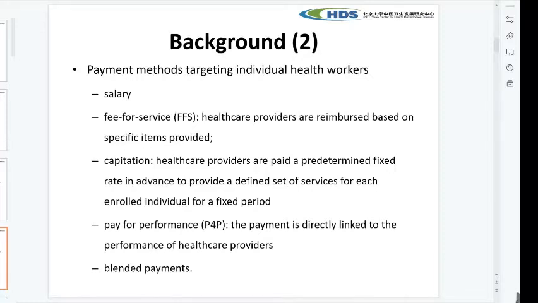So when the payment links different behavior outcomes with the income level, the health providers will choose the behavior which can bring them the highest level of income. But more and more evidence has found that in addition to financial income, health providers also value other factors like the health standards of their patients and professionalism.